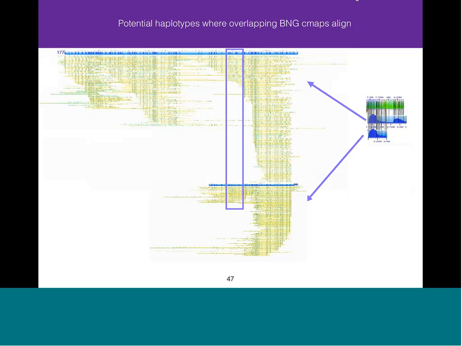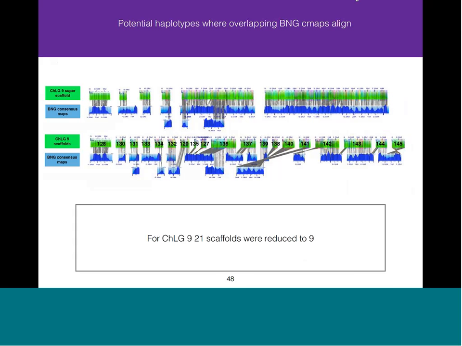Okay, so here's another chromosome linkage group just for examples of what we did with Tribolium using these algorithms. Again, at the bottom is the scaffold aligned to the BNG consensus map, and at the top is the chromosome linkage group super scaffold after we've completed the process. Another thing that you can see here, for example, scaffold 127, it's got an inverted alignment, which is why it looks a little bit like it has a pinched waist or an X. A lot of times with BNG alignments, we can also find incorrectly oriented scaffolds for a genome.